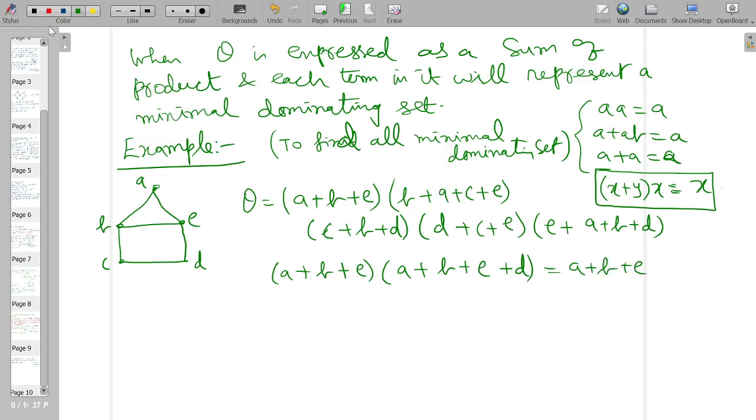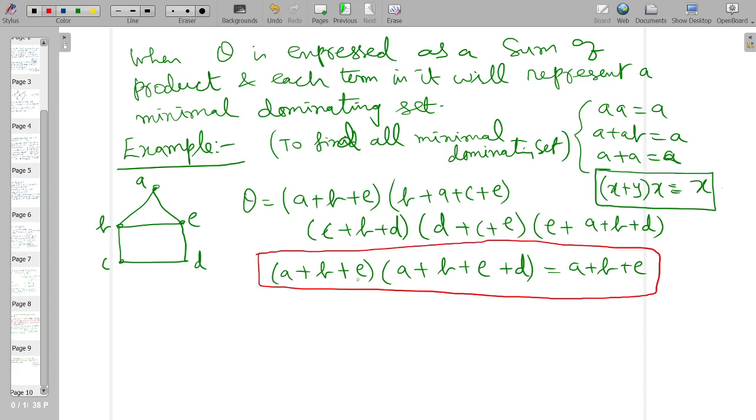So I use rule 4: (x plus y) into x is equal to x. I take a plus b plus e as x, d as y.